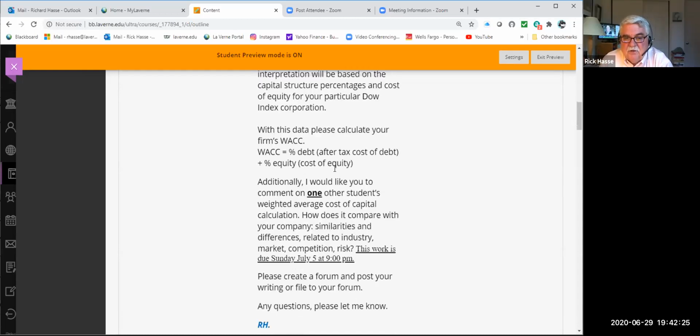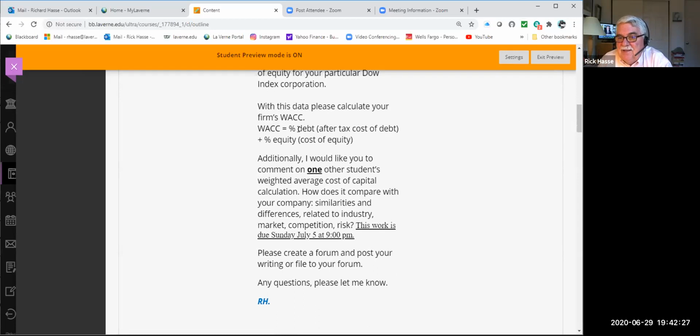So then after you do that analysis, just like you did a couple weeks ago, I want you to find one other student's weighted average cost of capital and compare it to yours. Meaning, how does it compare with your company? Similarities and differences related to the industry.